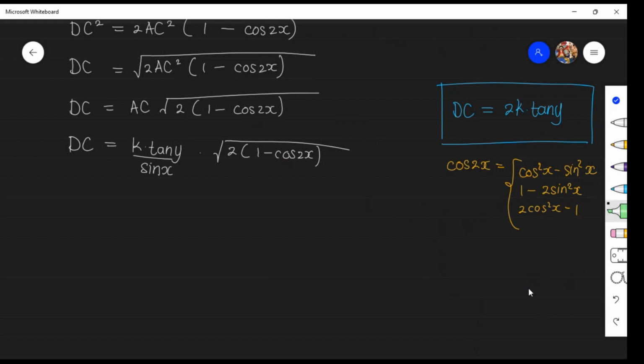If we want to turn the cos into sine in order to cancel out with the sine at the bottom, let us choose the one that only has sine in it, which is our second identity. So in place of that cos 2x, I'm going to substitute 1 minus 2 sine squared x.